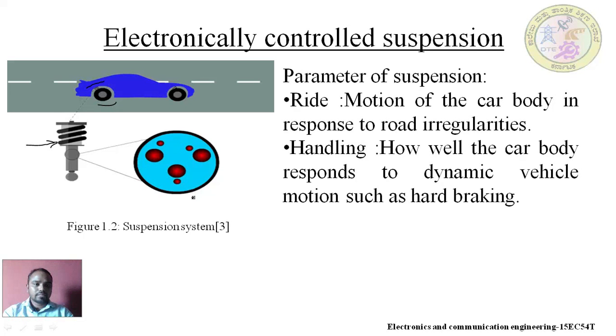This acts as the suspension system. As we have seen, one end is connected to the car body, and another end is connected to the wheel. Since it has a suspension property, it provides the damping.